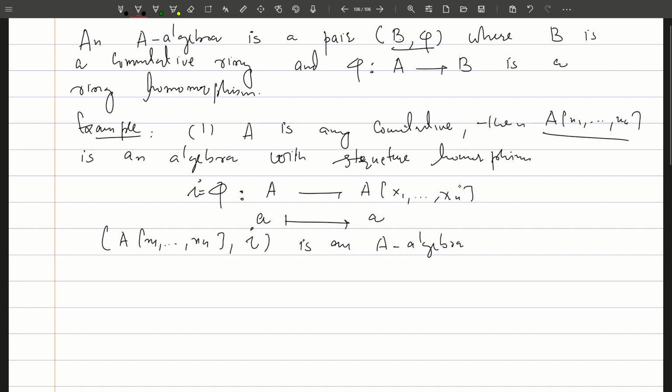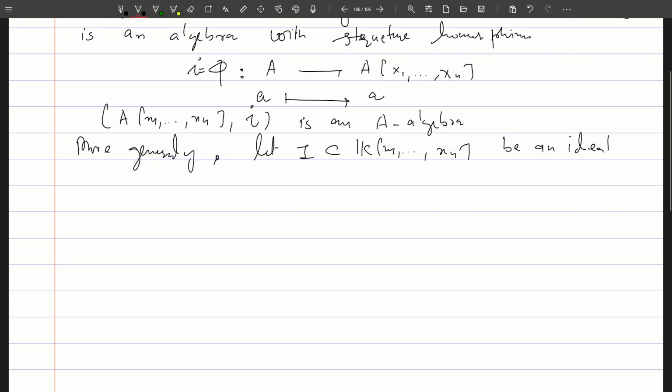So more generally, if we take an ideal, say I inside the polynomial ring A[x1, ..., xn], then we have the following sequence here.